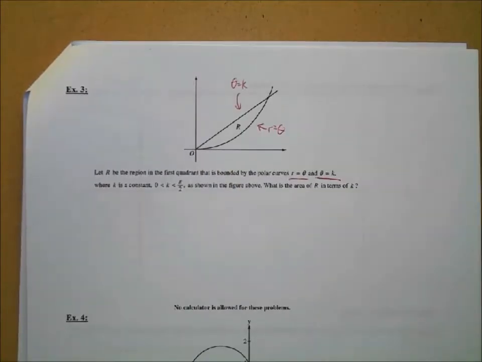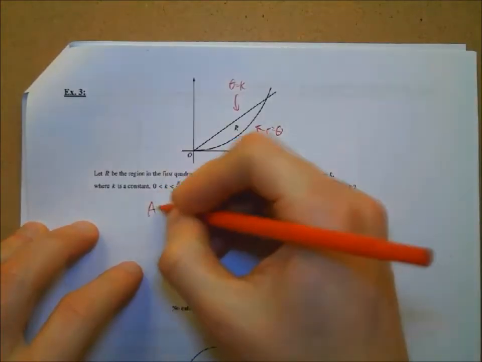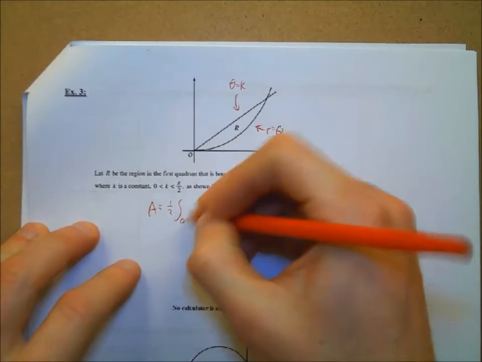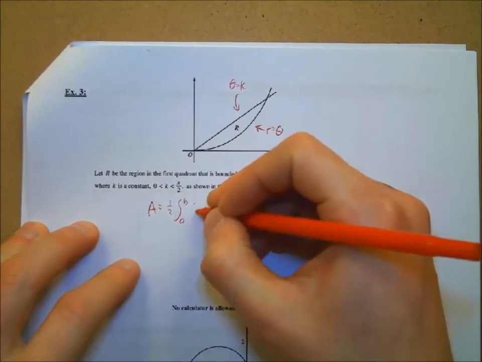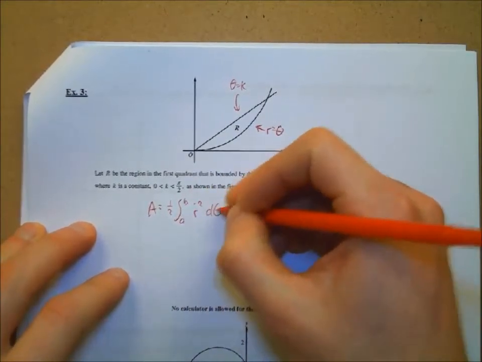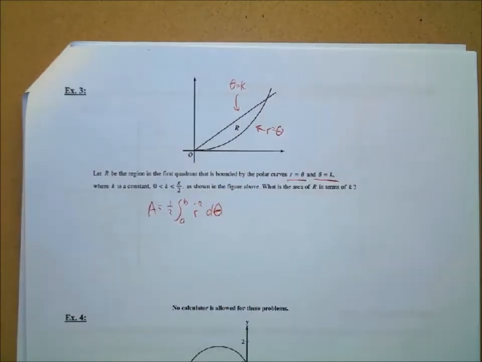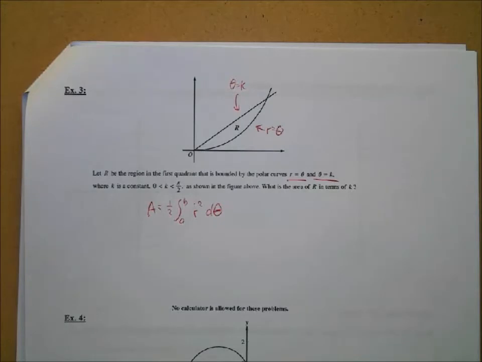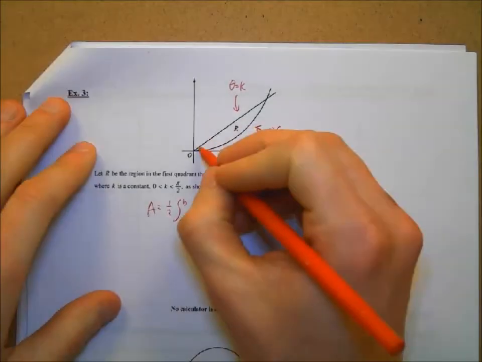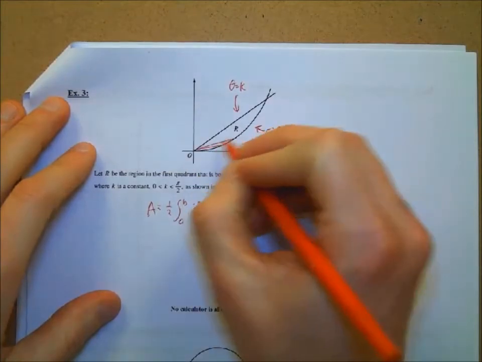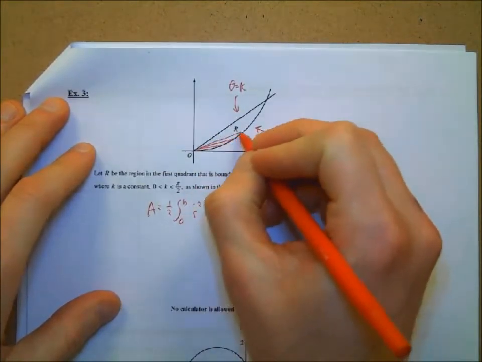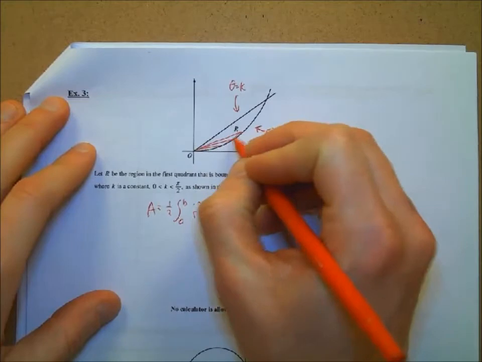Okay? So, with that being said, we're going to find the area of this region. So let's set it up. We'll say A equals 1/2 the integral from a to b of our radius squared with respect to theta. Again, we're trying to find the area of this region, so we're going to create these little wedges right here. Or I guess it's really going to curve around like that.